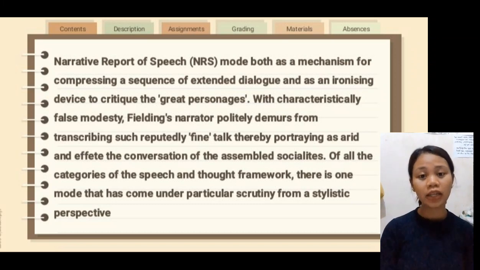Instead of directly quoting their supposedly impressive speech, Fielding's narrator politely avoids it, showing that the conversation of these high-class people is actually boring. This technique is called NRS, and it helps Fielding criticize how shallow some society's interactions can be. Among all the ways authors write speech and thought, NRS is especially interesting to study for its style.